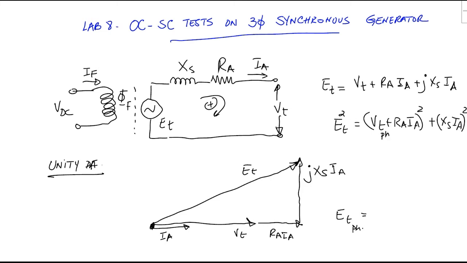So this will be the square root of the real part squared, plus XS IA squared. So that's the induced voltage for unity power factor.